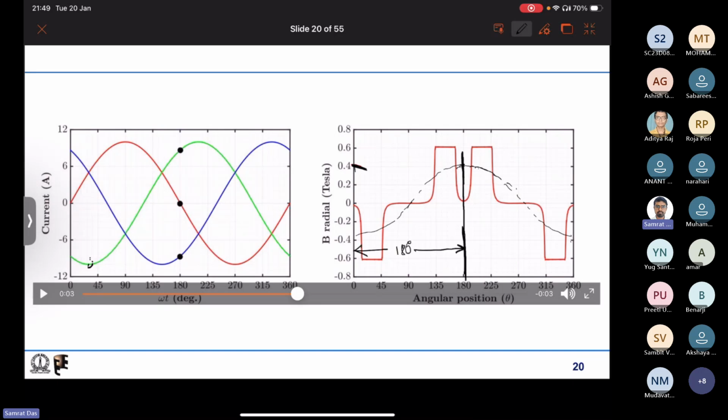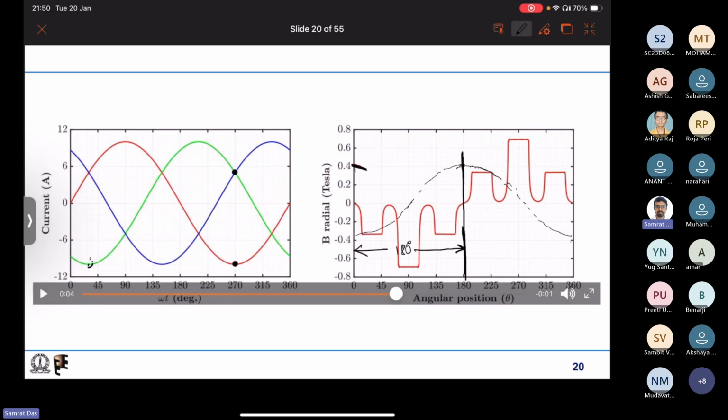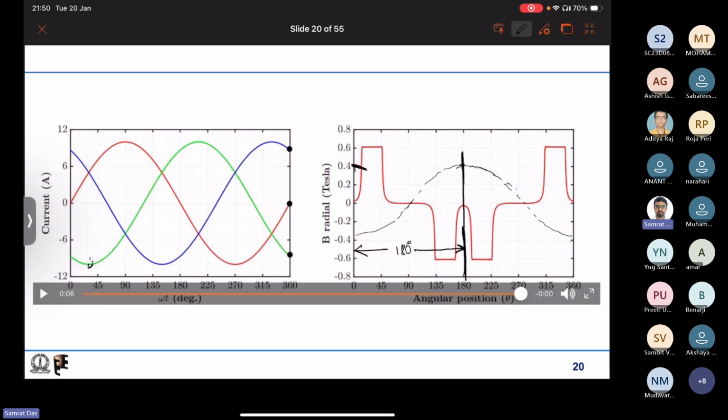So when we are moving ahead in time by 180 degrees, we are also seeing that the B wave is also moving ahead by 180 degrees. And as we complete one cycle, that is, electrically we go 360 degrees, we can see that the sinusoid has traversed its complete cycle and come back to its original position.